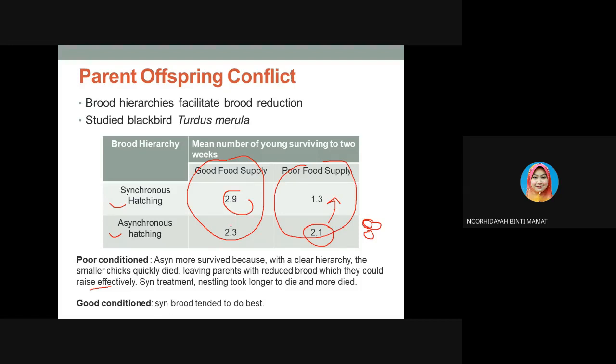Because in the asynchronous brood, they have a size hierarchy, which allows some chicks to pick on the others, even in good food supplies. So when they have good food supplies, synchronous hatching is the best way.